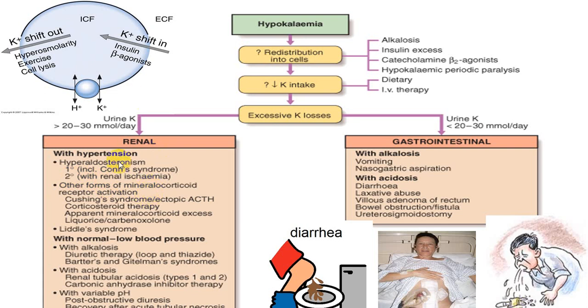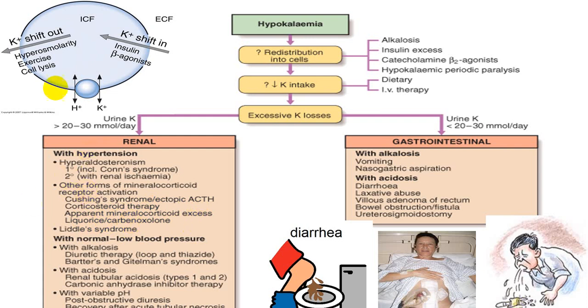Also, it can be seen in Cushing syndrome, ectopic ACTH, or person who is on glucocorticoid therapy, apparent mineralocorticoid excess, and also if the person's diet is high in licorice or carbenoxolone is also elevated.